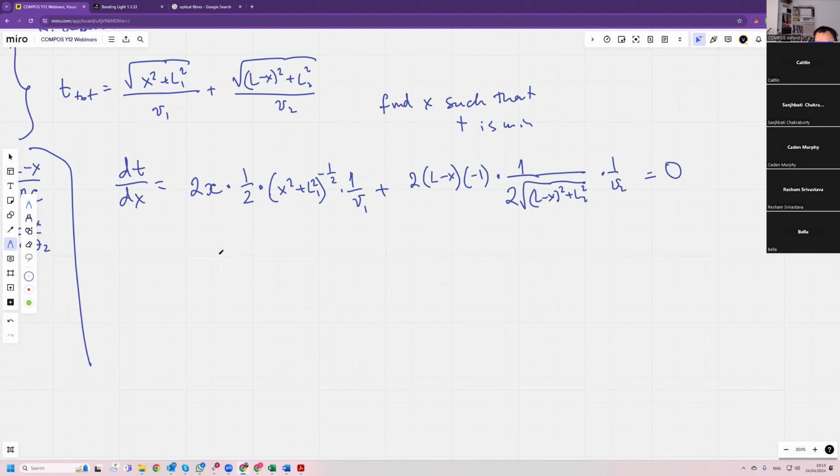Okay, so let's try to make sense of that. So this is x over v1 square root of x squared plus L1 squared, plus x minus L over v2 square root of (L minus x) squared plus L2 squared, equals 0.